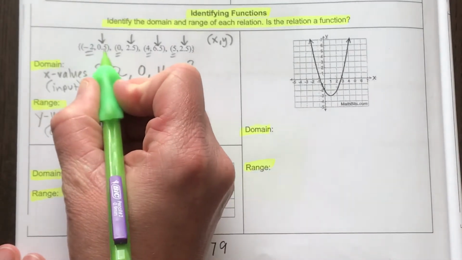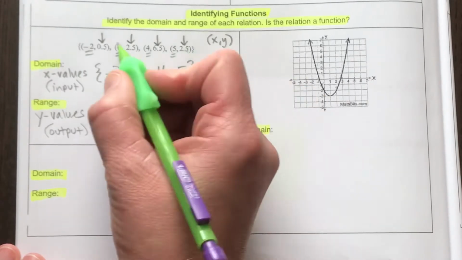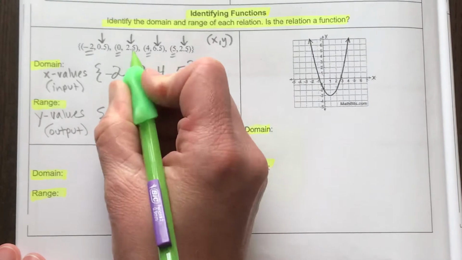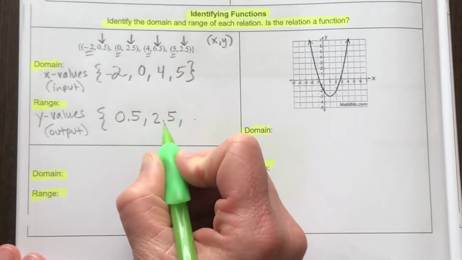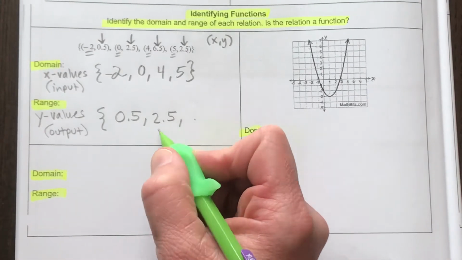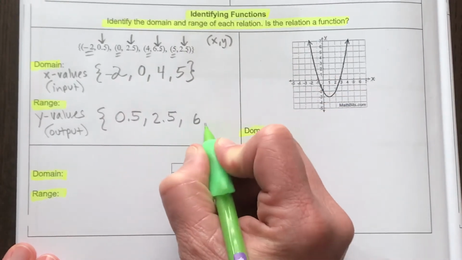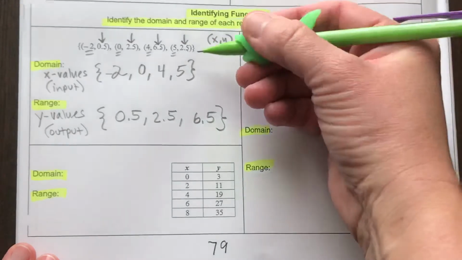So I have a half, a 2.5, a 6.5, and then another 2.5. My smallest y value is a half. Then the next y value, the 2.5, I'll put down, but I'm not going to write it twice in my set of output values because I already know it is a possible output. And then the last output, which is a 6.5. And that would be how you list your domain and range.